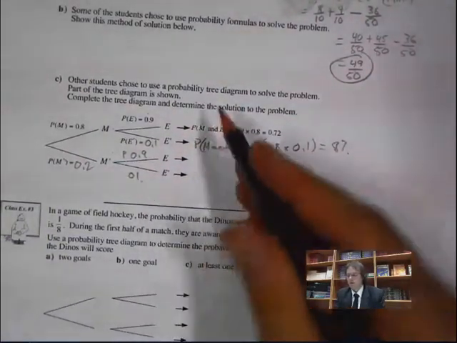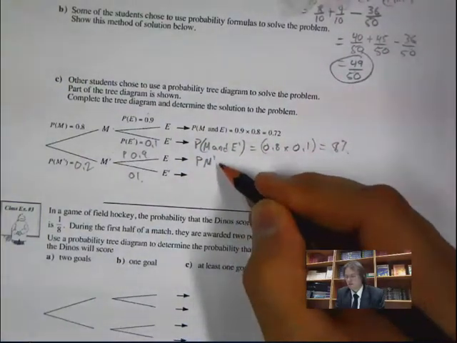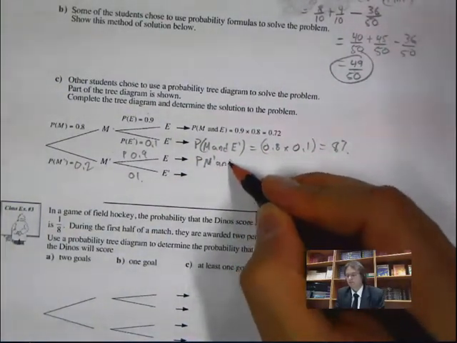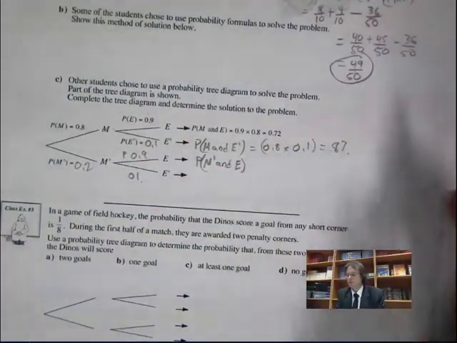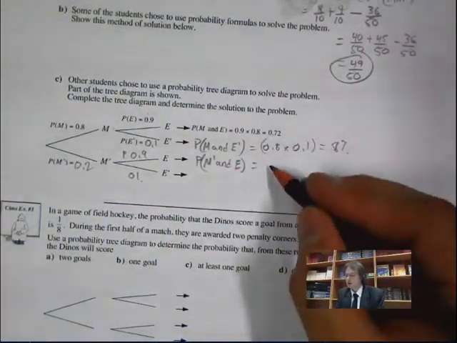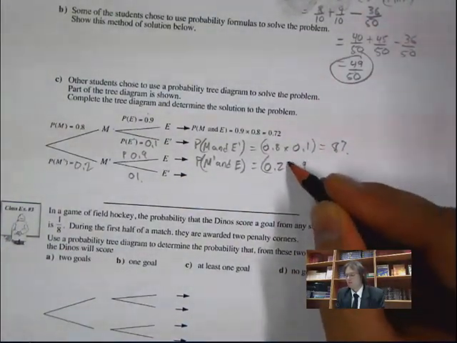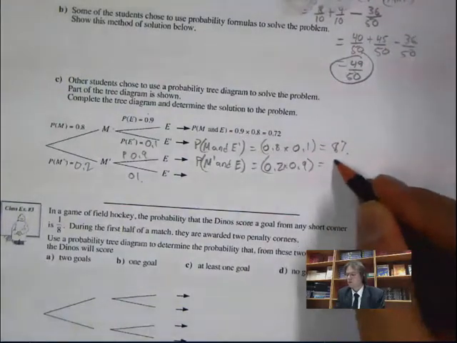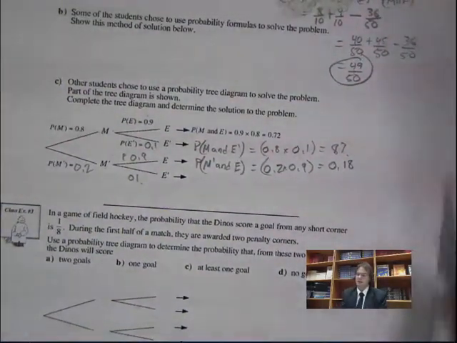So the probability here is probability of not math and English, of not passing math but passing English, is equal to 0.2 multiplied by 0.9, which will give me 0.18, or the same as 18%.